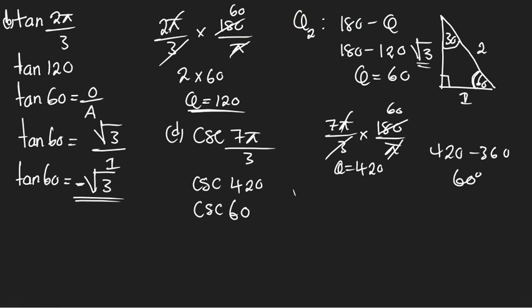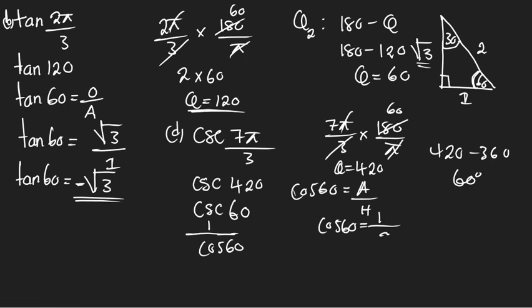So this is going to be cosecant 60 this time around. Now cosecant is just the same as 1 over sine 60, right? Then sine is simply opposite over hypotenuse, so we are simply using the same 60, 30, 90 triangle. What is sine 60? The opposite is root of 3, the hypotenuse is simply 2.